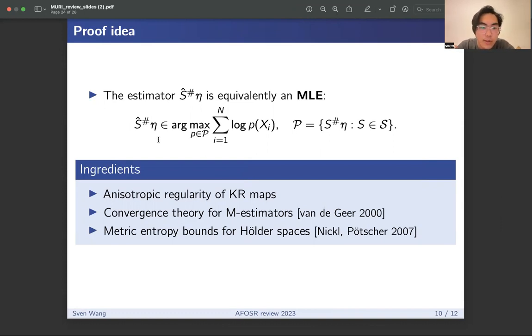And so we use the connection of these estimators to maximum likelihood estimation, as well as these anisotropic regularity estimates for triangular maps and metric entropy estimates for the corresponding function spaces that we need.